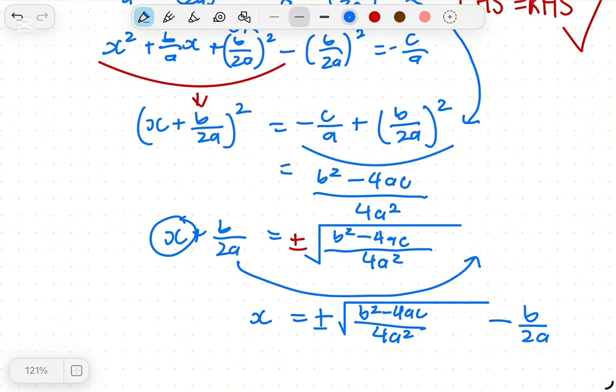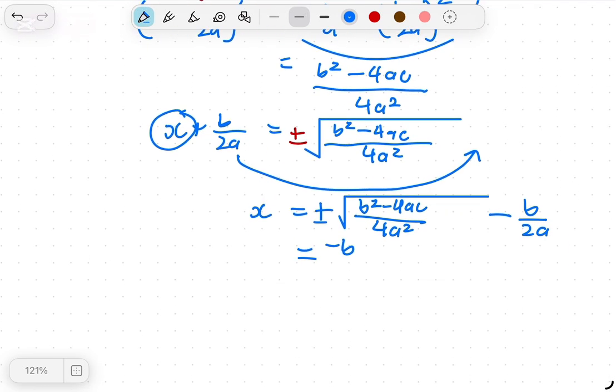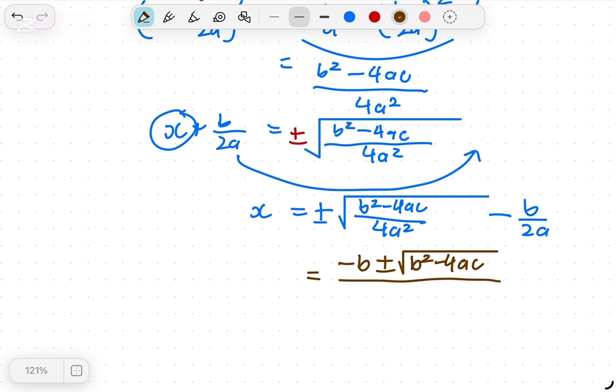And from there, if you combine the expressions together, you will get minus b, let me make it clearer. You will get minus b plus minus the square root of b squared minus 4ac over 2a.